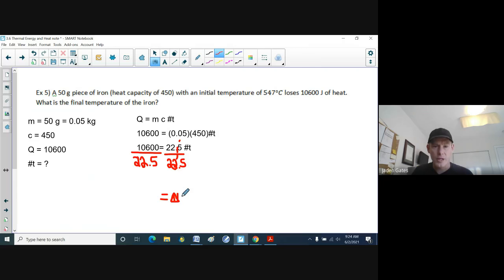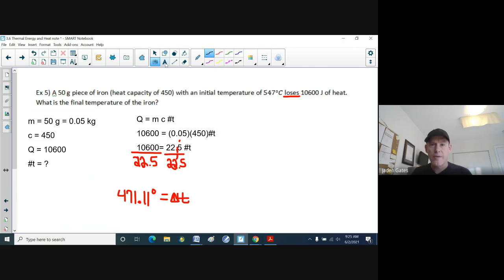Delta T, a little triangle. We have 10,600 divided by 22.5, and I end up with 471.11 degrees. Now that's the change. We're not done yet, right? Because this is losing heat.